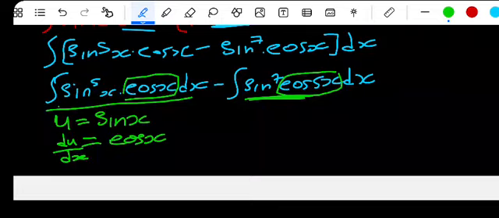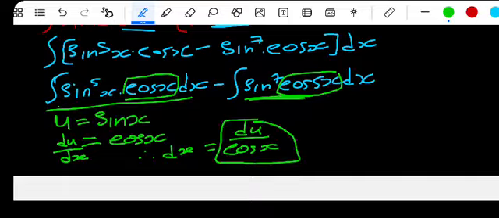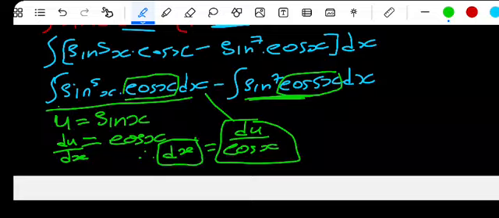So we can make dx the subject, like we've seen in the previous one. If we make dx the subject, we'll have du over cos x. So we can replace dx there.